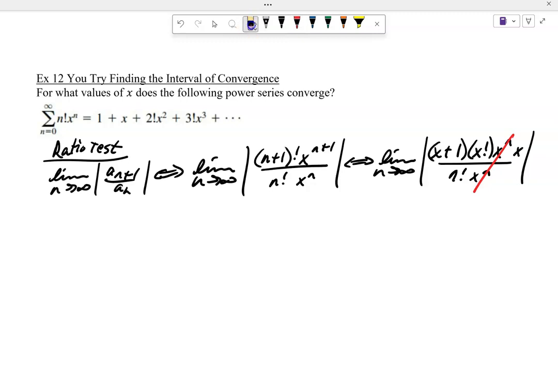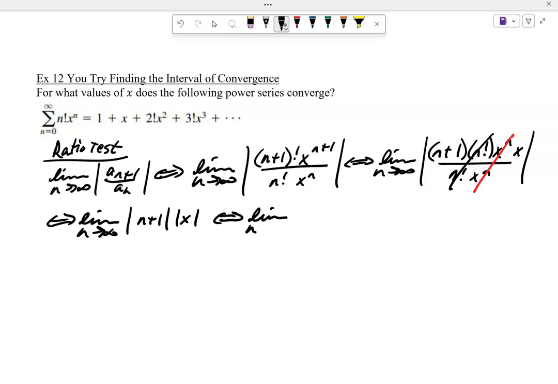So we got n factorial, whoops, that's supposed to be n plus 1 factorial, so the n factorials cancel. Oh, thank you, yeah, that's plus 1 there, sorry about that. So we got n plus 1 times the value of x. I can put it this way as well.